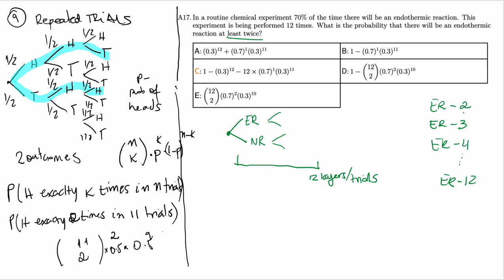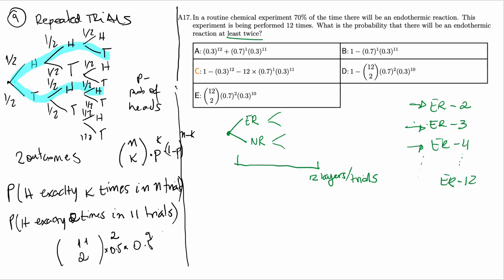So what you could do, and if it were an open question I would consider it right, but it would be so much work, is to apply the formula for the probability that this event happened exactly 2 times, plus the probability of this event happening exactly 3 times, plus, and so on.